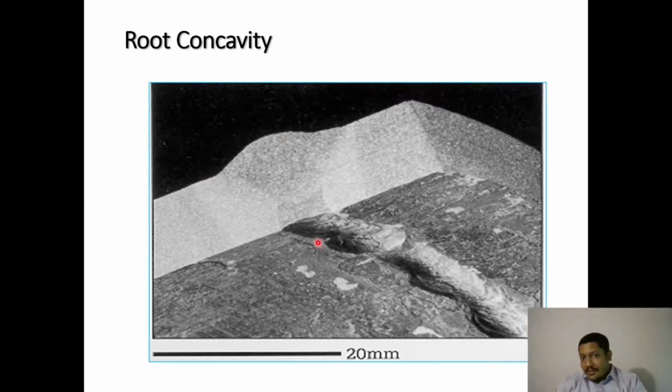Root concavity is on the bottom side. The bottom side has also gone excessively, so that is the root concavity. If I say it on the top surface, it comes as the bead concavity. This is the bottom one, you can see there is excess, it is concave. There is another way this is also expressed: we call it excess reinforcement, excess root reinforcement.